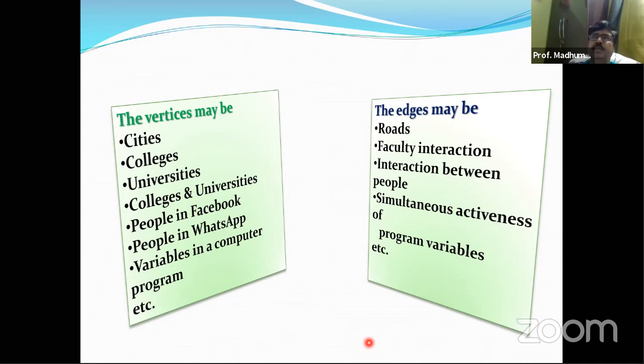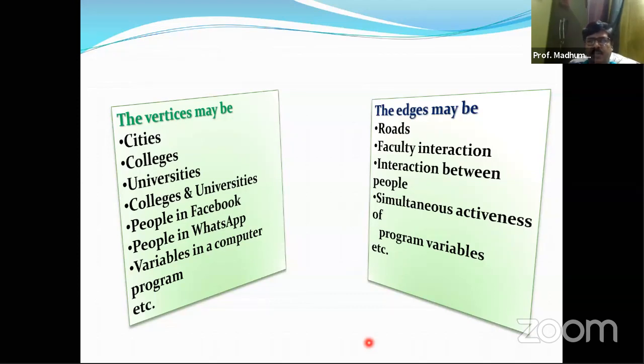For example, to execute any computer program, we use some registers. We use the memories, particularly the registers, and you know that registers are very expensive. So to minimize the number of registers, we can construct a graph for a given computer program.